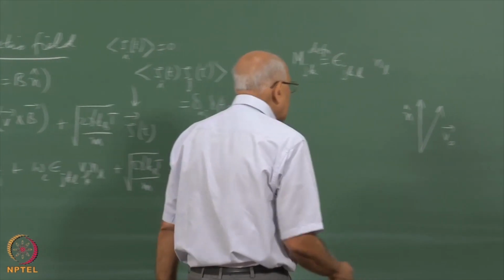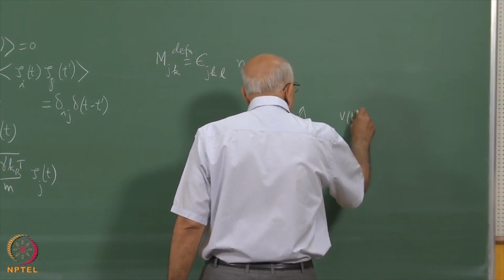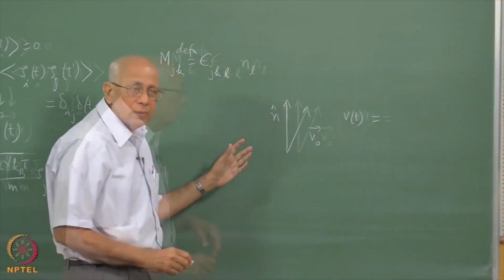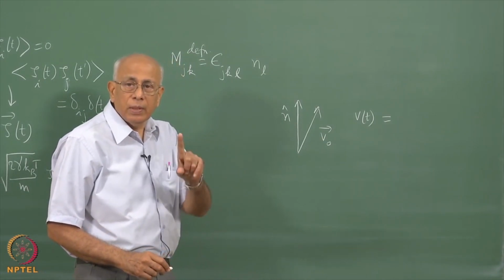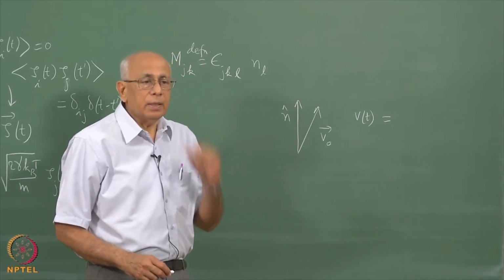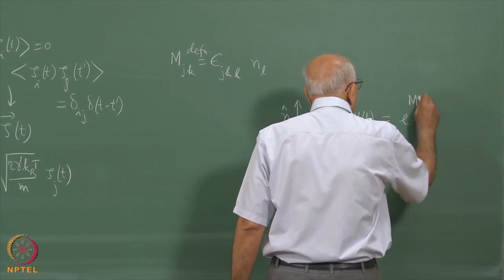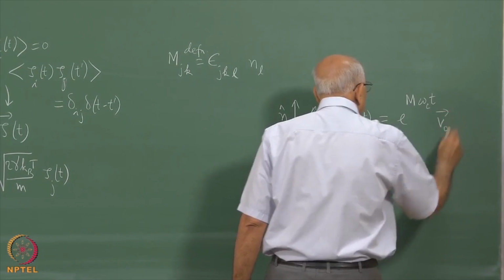That is stated by saying that V of t, in this single deterministic problem, is a rotation matrix acting on this V naught such that at time t you have gone through omega c t as the angle. So this is equal to e to the power M omega c t times V naught.